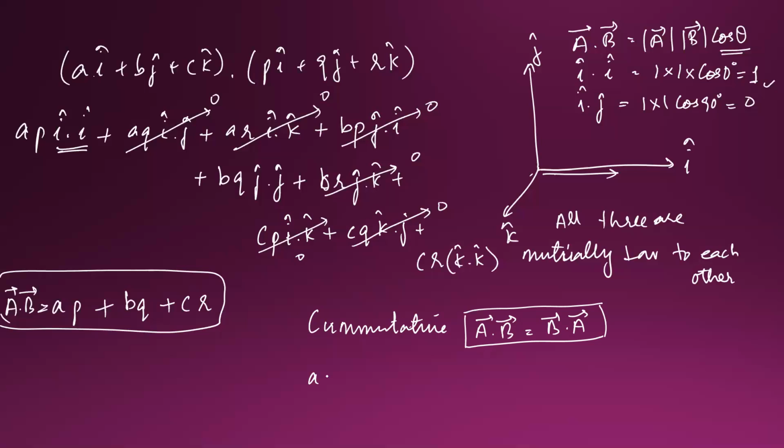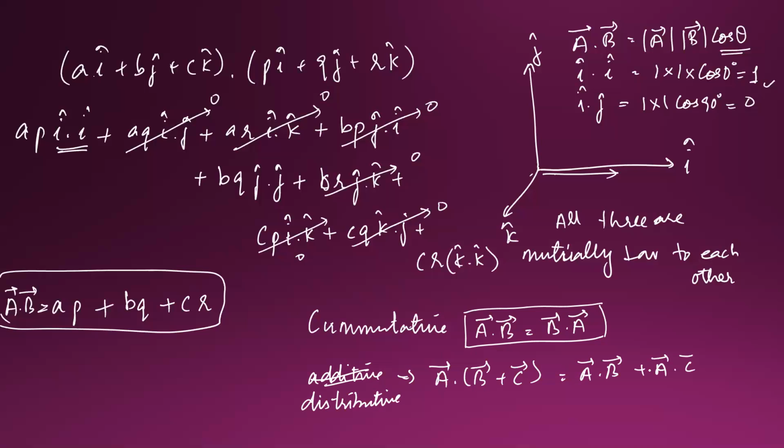Second, they are distributive. Suppose this is a vector dot b vector plus c vector. I can write it as a vector dot b vector plus a vector dot c vector, which will have the same value.